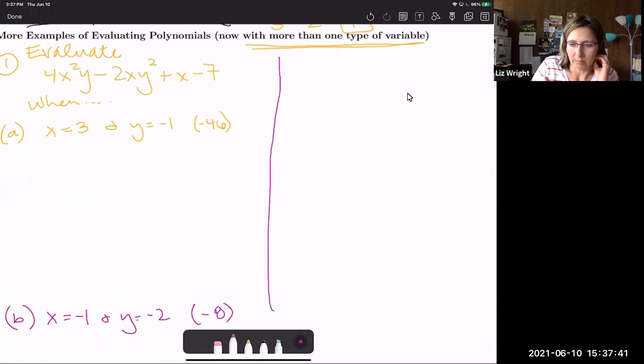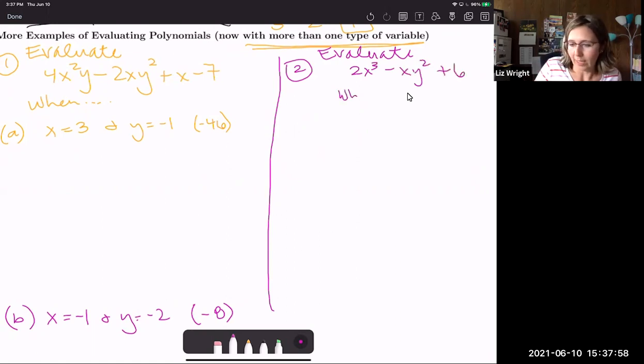over here where it's number 2, and it's the same directions. It's evaluate 2x cubed minus xy squared plus 6.